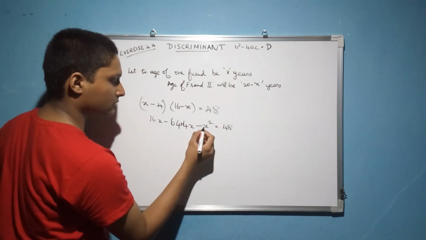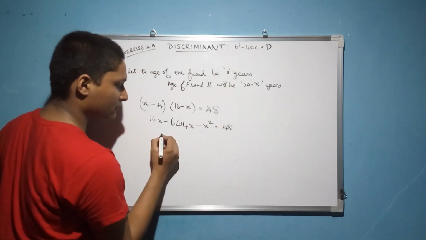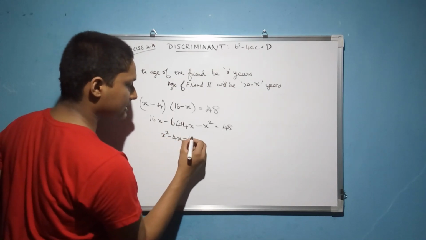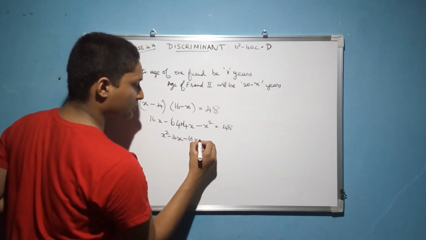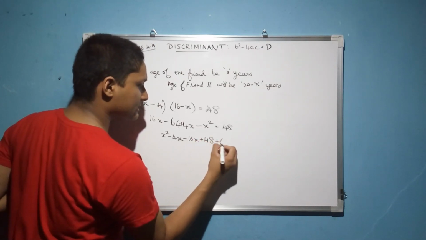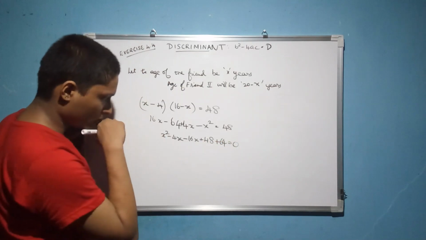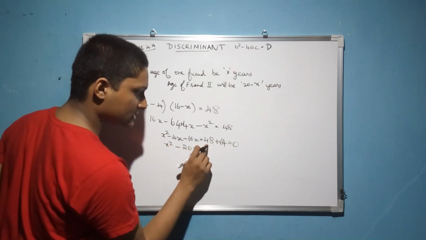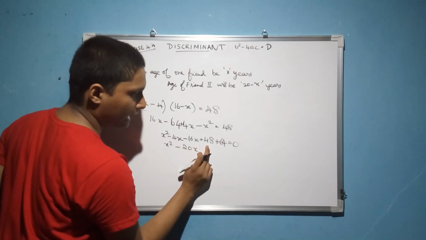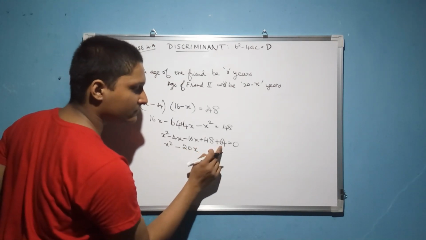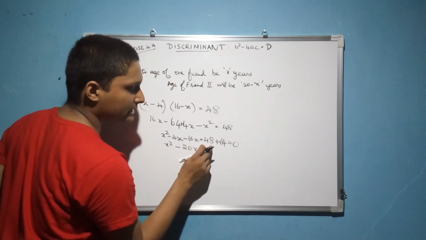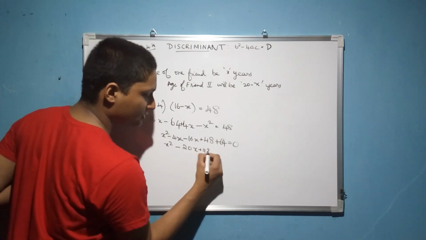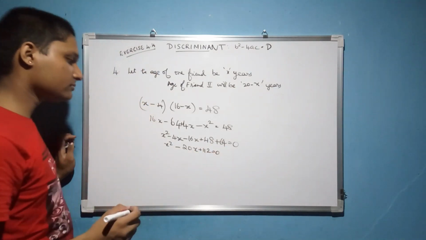Okay, so we'll bring all the other things to the right side. It becomes x square minus 4x minus 16x plus 48 plus 64 is equal to 0. This forms x square minus 20x, then 64 plus 48 is going to be 112, is equal to 0.